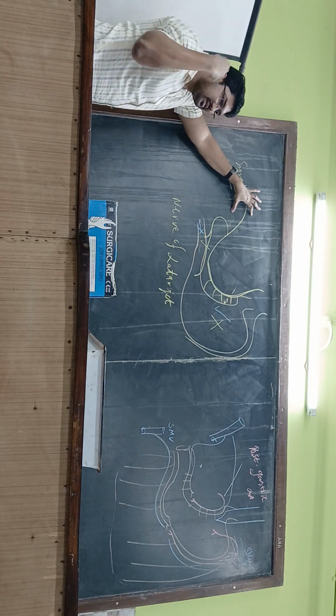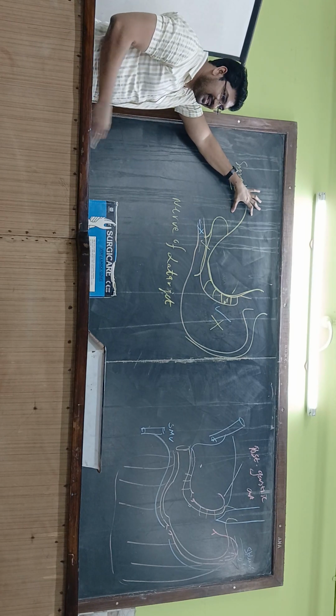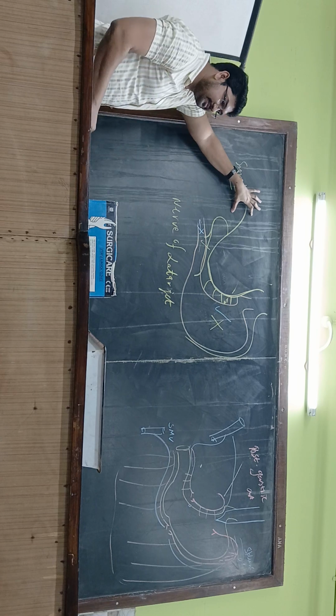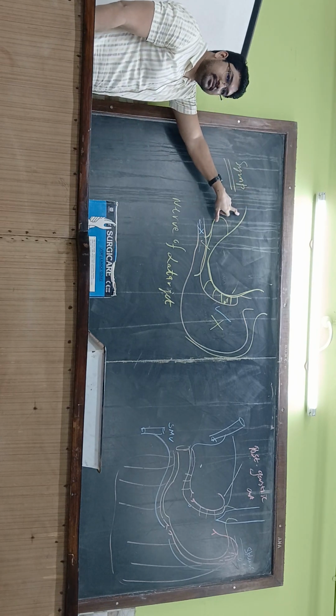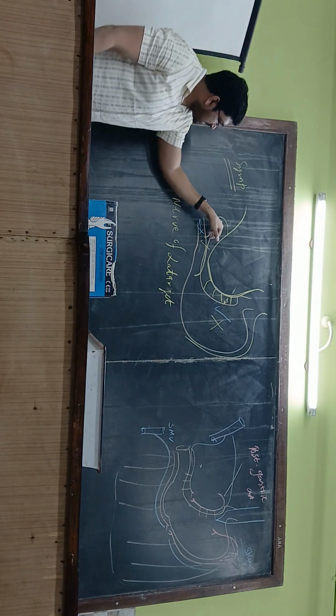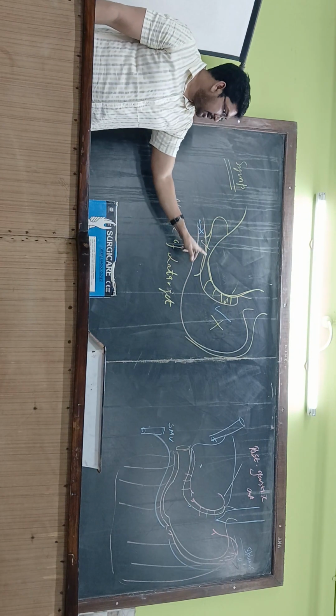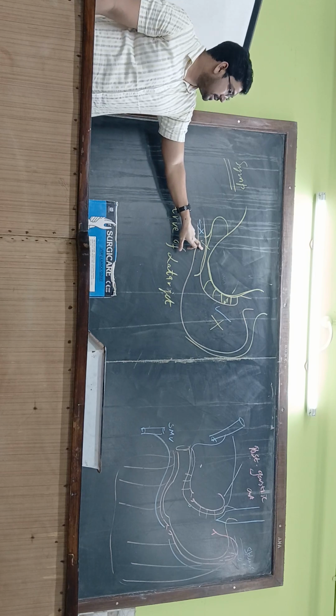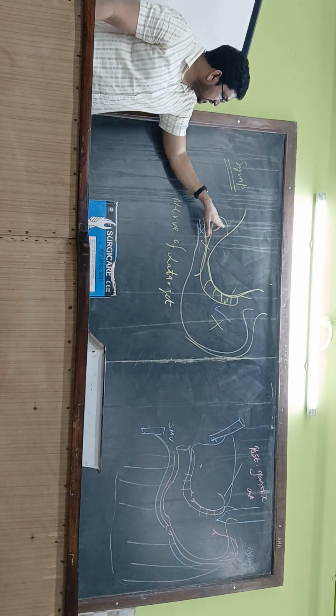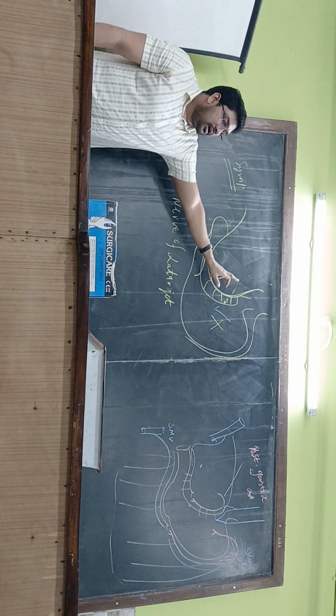Porta hepatis, but not absolutely porta hepatis. What structures exactly? Gallbladder. To make the gallbladder empty, this must be acting over there. Getting it, right? And the descending branch will be supplying the stomach, but at the level of the pyloric region over there. The pyloric region will be supplied by means of this descending branch of the right vagus nerve.